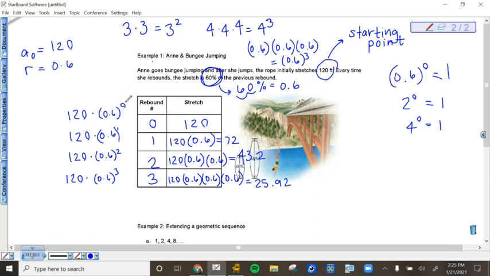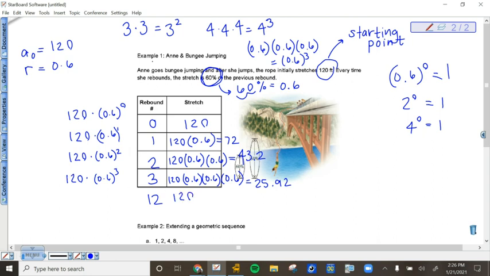What do you notice about the exponent and the rebound number? They're the same. Yeah, they're just counting up. Right. So if I asked you to tell me what the rebound would be for the 12th bounce, what would it be? Yeah. Don't forget our 120.